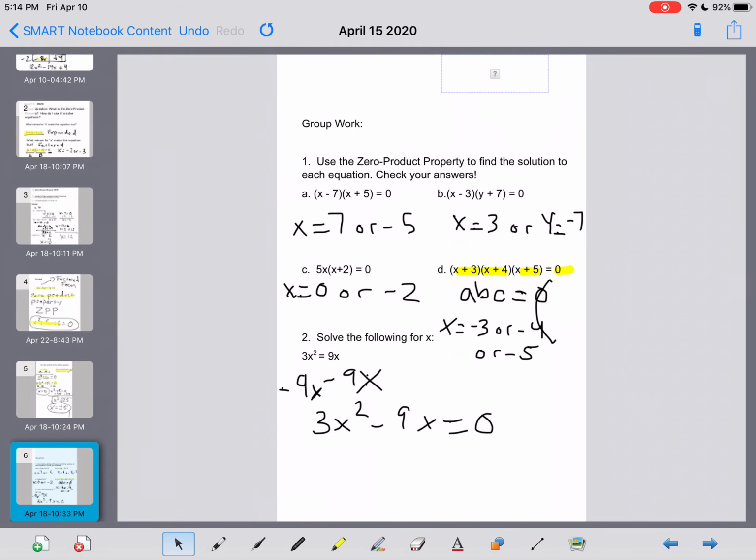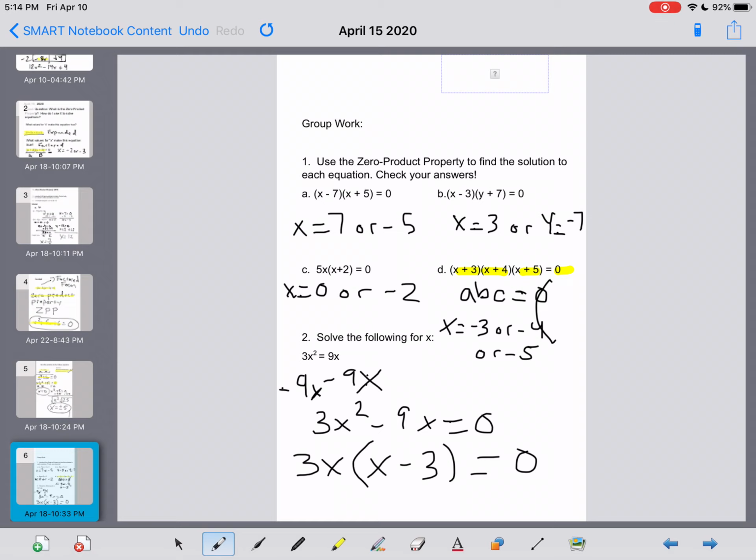All right, so remember, we're going to reverse the distributive property because we want to get it in factored form. This is called factoring, and we'll see how to do this more in the next lesson. I could divide out 3x here, and on the inside I would get x minus 3. 3x times x is 3x squared. 3x times minus 3 is -9x.